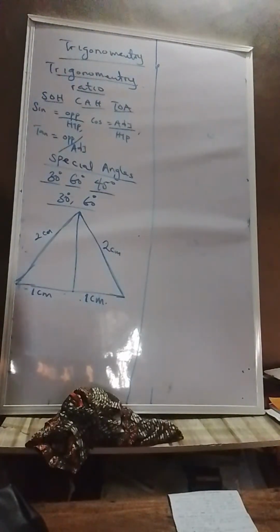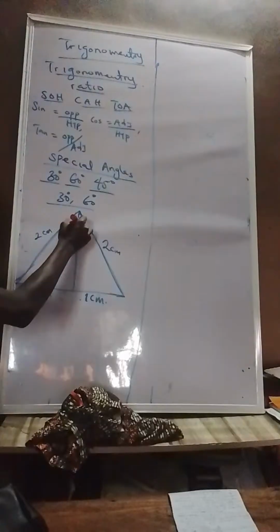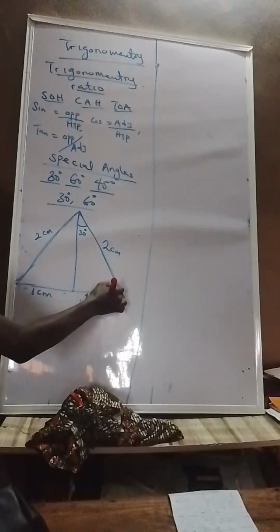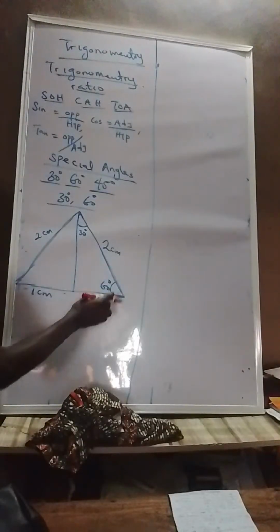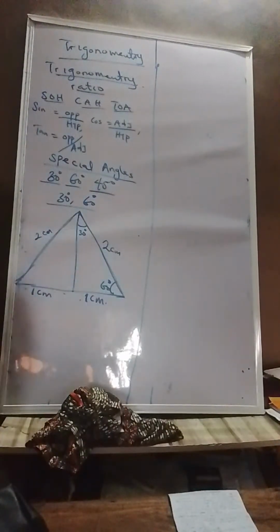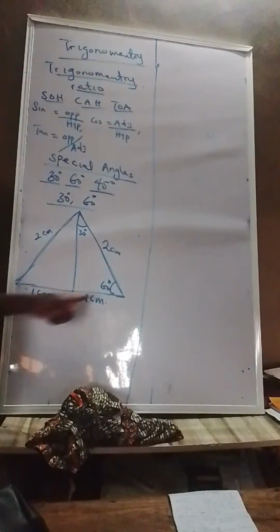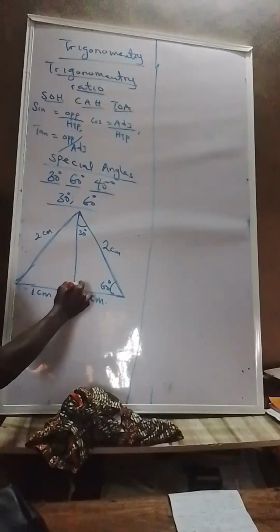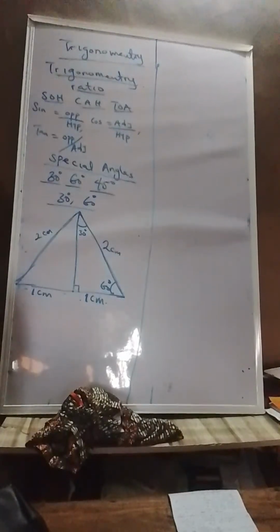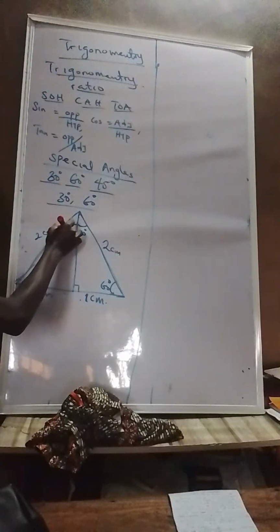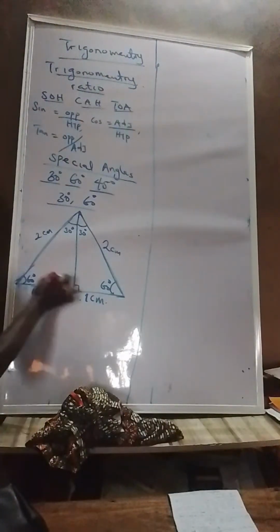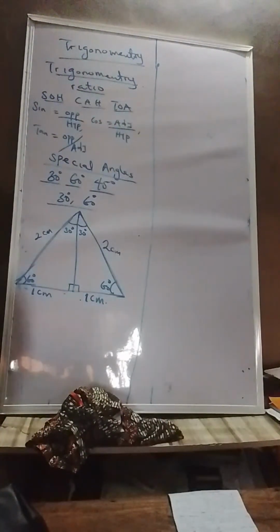Now, in this case, we have 30 in this place and we have 60 in this place, because the angle is 60 degrees. And 60 plus 30 will give us 90, which with the right angle is the sum of angles in a triangle. And this place is also 30 degrees. Then this place is 60 degrees. And this place is also 90.